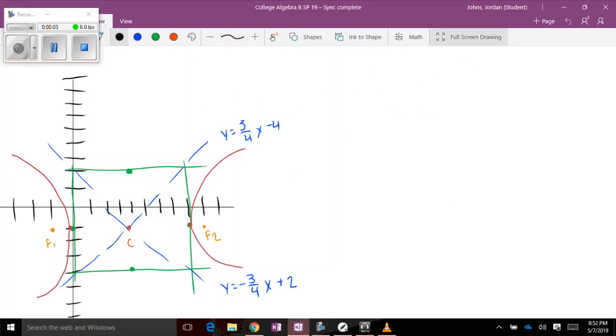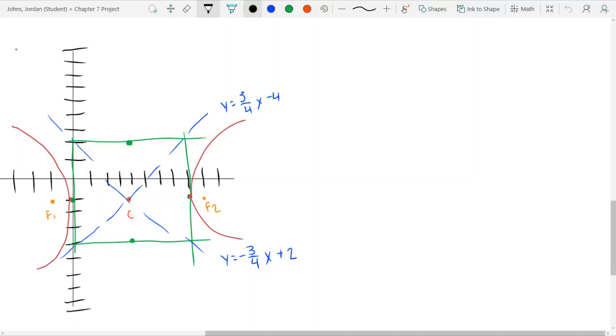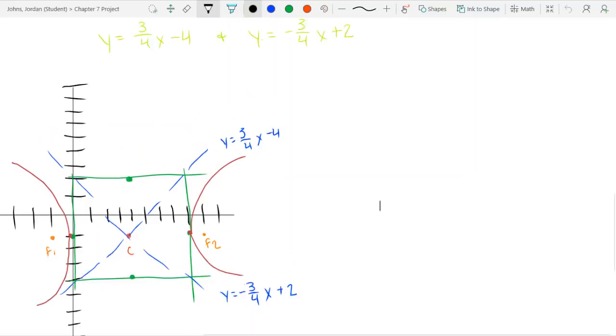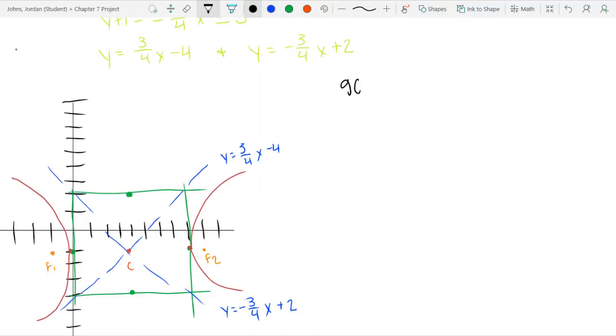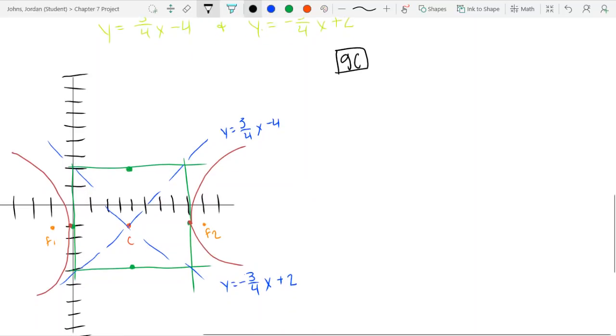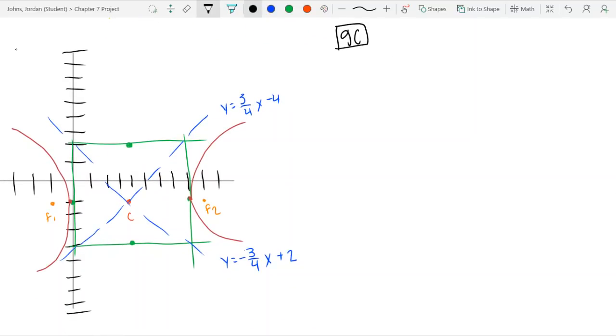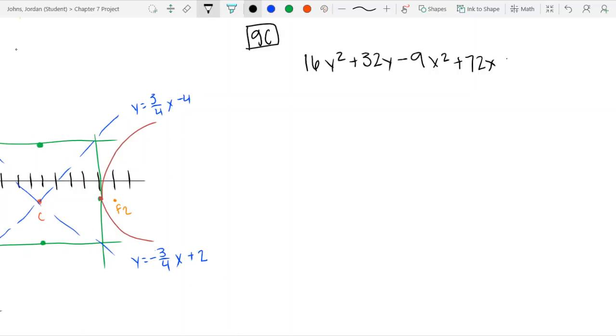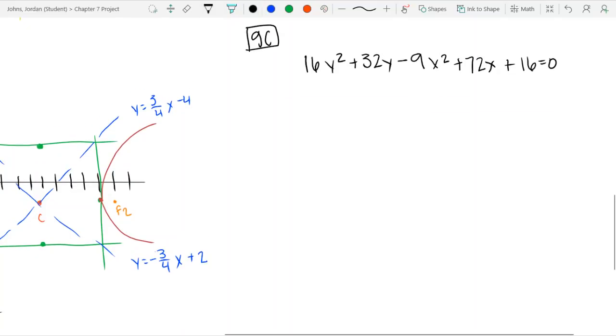So now I'm going to show you how to do it on your graphing calculator. We start off with the main equation, which is 16y squared plus 32y minus 9x squared plus 72x plus 16 equals 0, because we want to move everything over so it equals 0 so we can graph it.